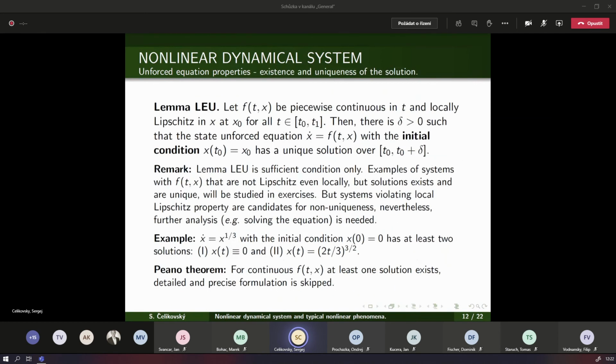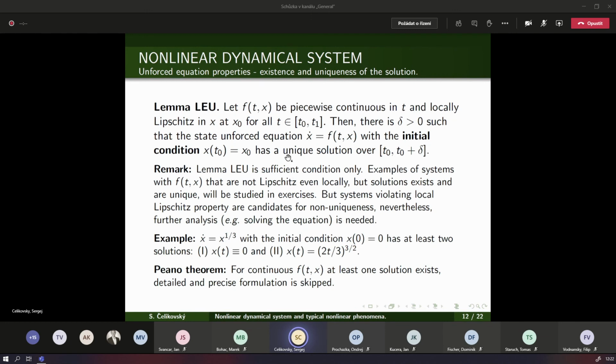And when you think about this lemma, one of the possibilities to overcome this short horizon is that, okay, I take x0, I solve it on this time interval, right?